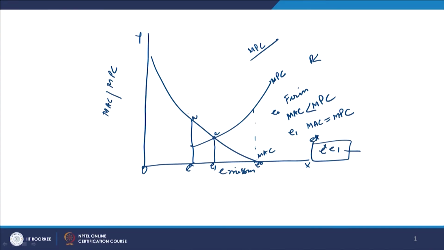Same thing happens with pollution, and from this graph you can easily see that if marginal penalty cost is higher than the cost of abatement, people will prefer to abate the pollution rather than paying the penalty. But when marginal abatement cost at point A is higher than marginal penalty cost, the polluter would prefer to pay the penalty rather than abating.